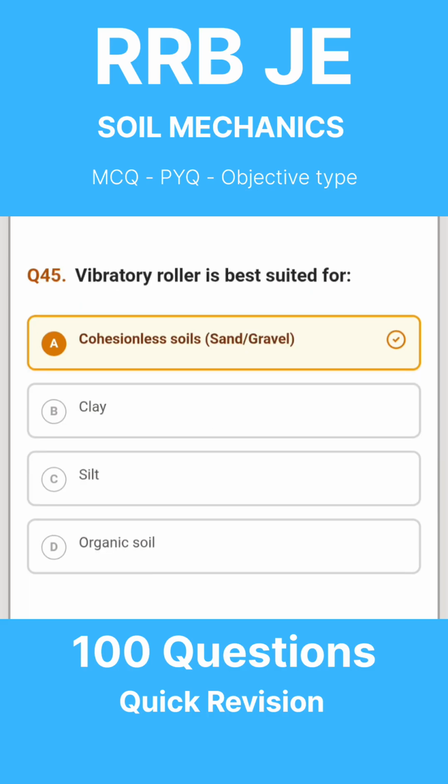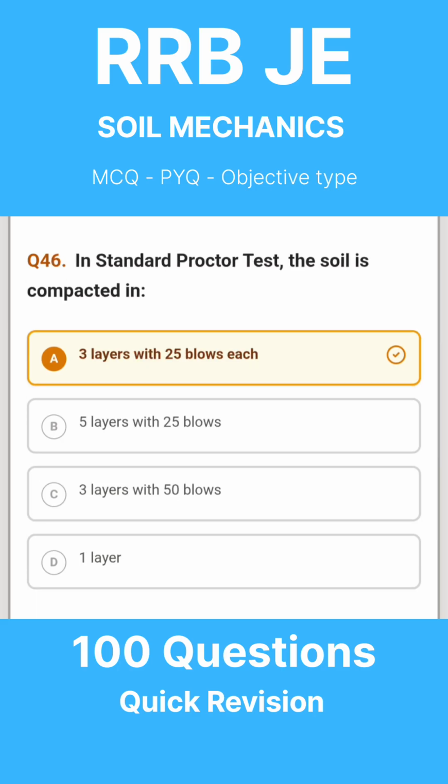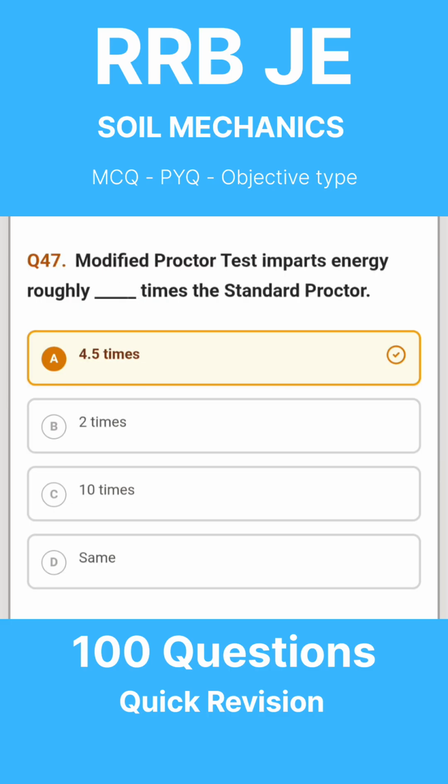Question 45. Vibratory roller is best suited for. The correct answer is cohesionless soils, sand and gravel. Question 46. In standard Proctor test, the soil is compacted in. The correct answer is 3 layers with 25 blows each. Question 47. Modified Proctor test imparts energy roughly blank times the standard Proctor.